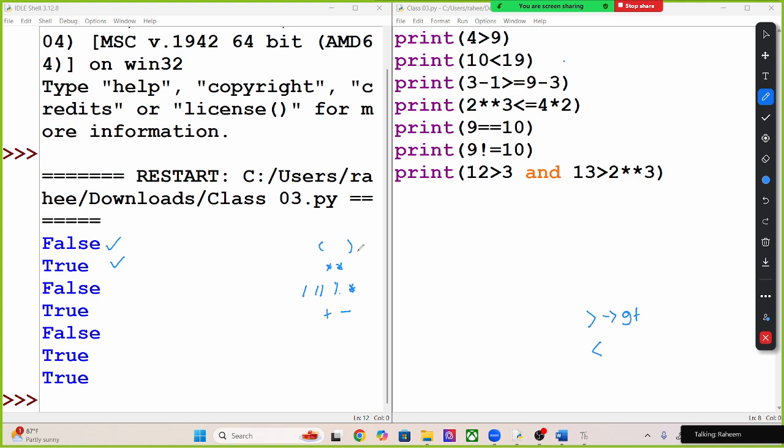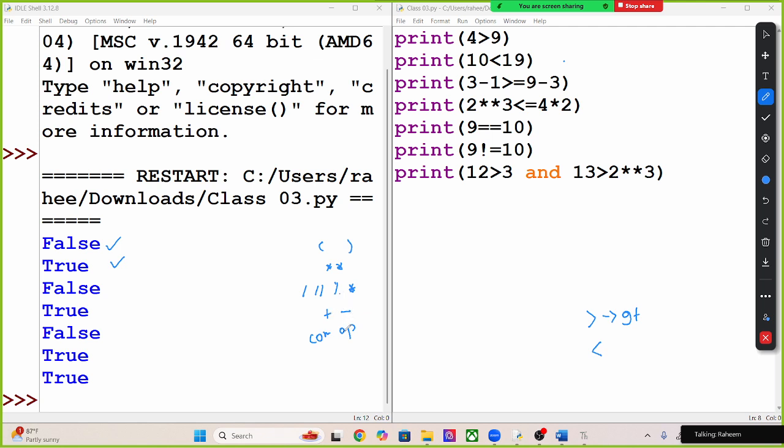After that only we have the comparison operators. Comparison operators come after these steps. If we have a comparison operator, first we have to perform the arithmetic operations: solving inside the brackets, the power, division, integer division, multiplication, then addition and subtraction.